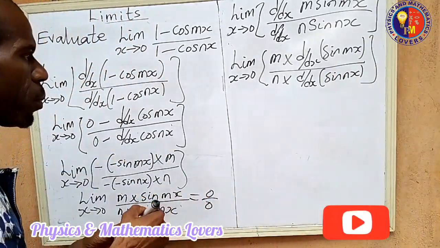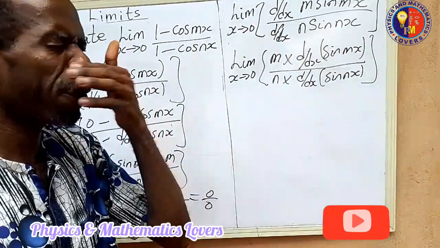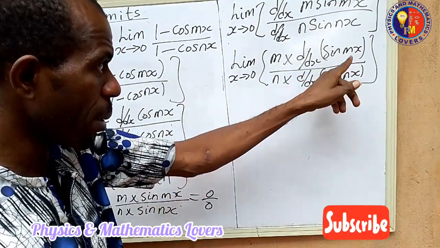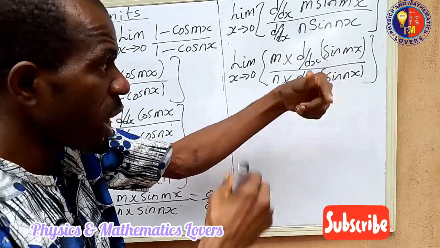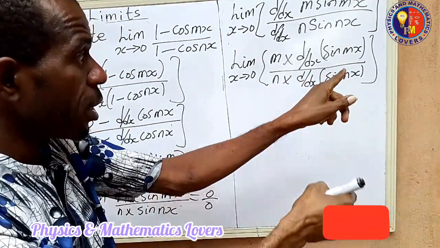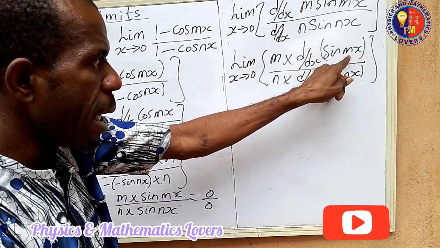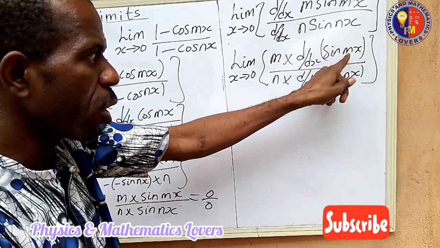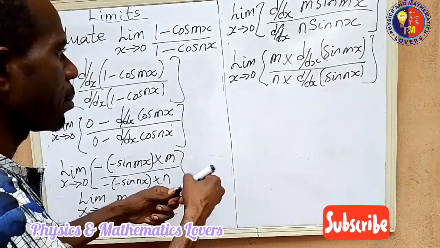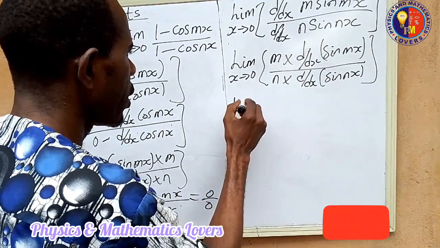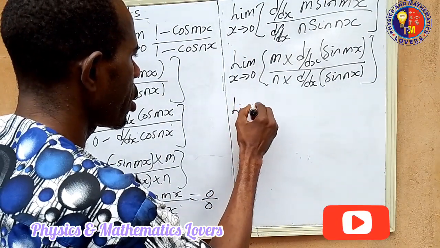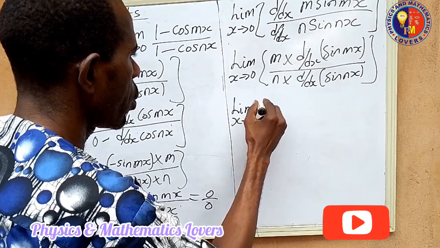So now let's go. Sine mx is another function of a function inside there. So that means we will differentiate with respect to what? Sine function of the angle. Then we also differentiate with respect to what? This mx. So if I differentiate mx with respect to x, it's going to give me what? M.